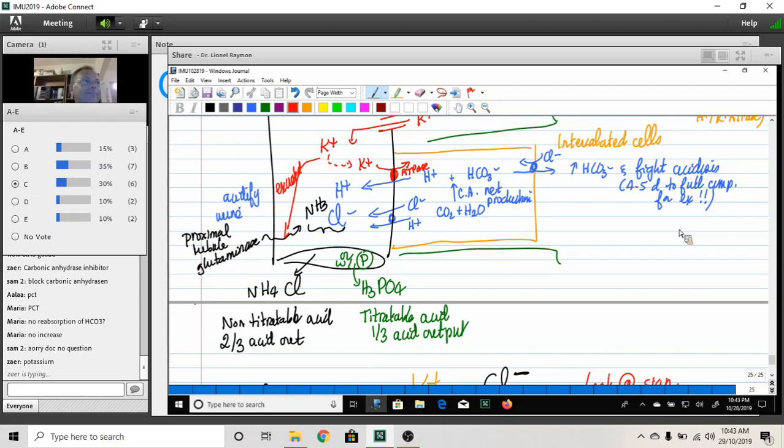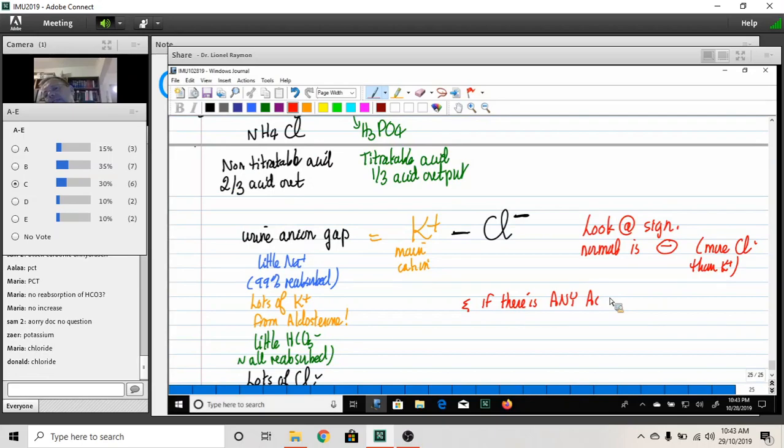So normal is negative. More chloride than potassium. And if there is any acidosis, except one, except RTA1, and I'll explain to you in 1 second.